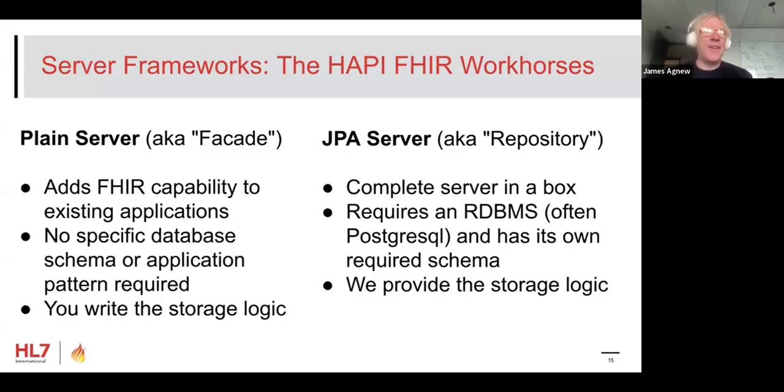The plain server doesn't have any requirements around how you do storage, what your database schema looks like, what your existing interoperability looks like. None of that matters. You can layer FHIR onto really any Java-based application. I guess it doesn't even have to be a Java-based application as long as you're willing to add some Java to it. The plain server allows you to do that.